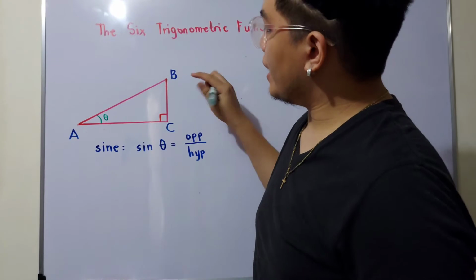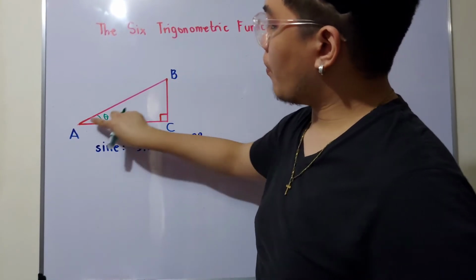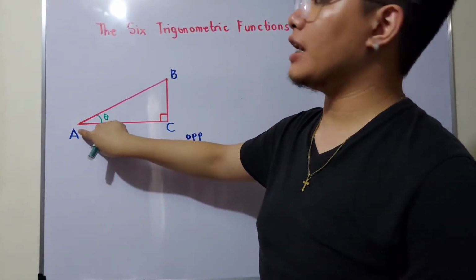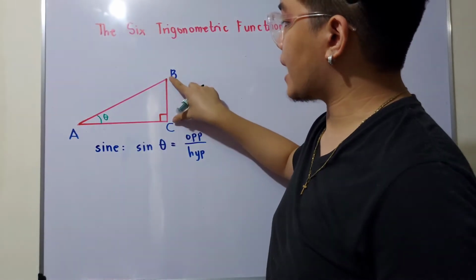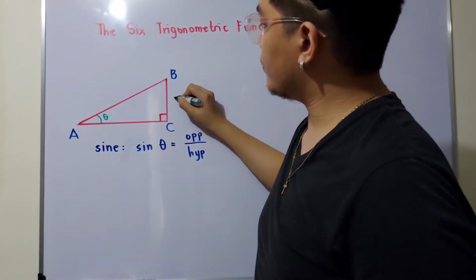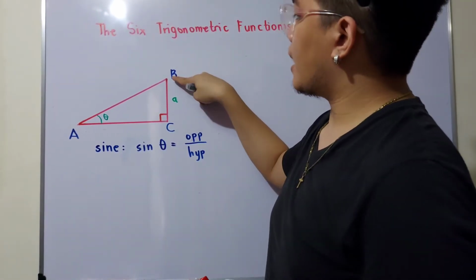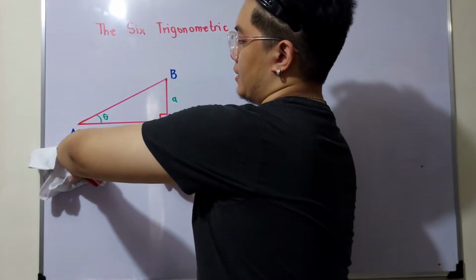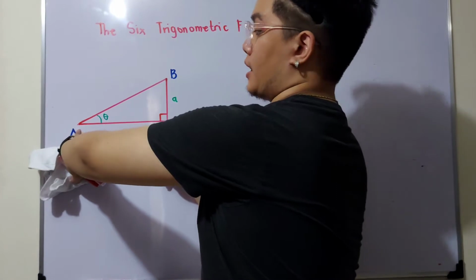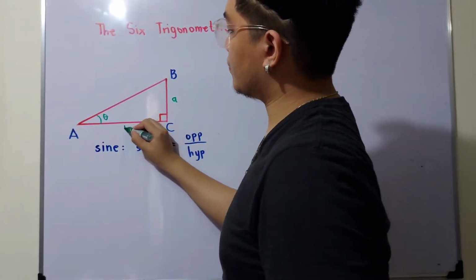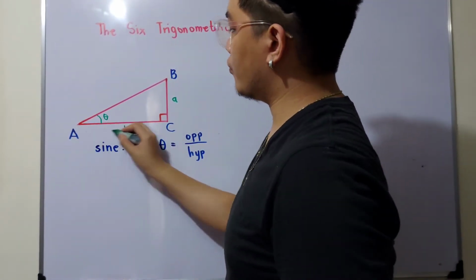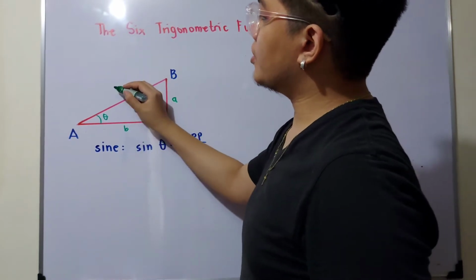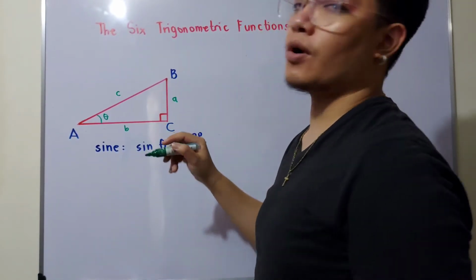So, this one, ito yung opposite angle. Ito yung angle, tapos ang kanyang opposite side ay ito. So, ito yung small letter A. Tapos, ito naman, ang kanyang corresponding na opposite ay B. Ito, small letter B. Kaya isang buo yan. Tapos, ito naman, obviously, the hypotenuse, that is the small letter C.